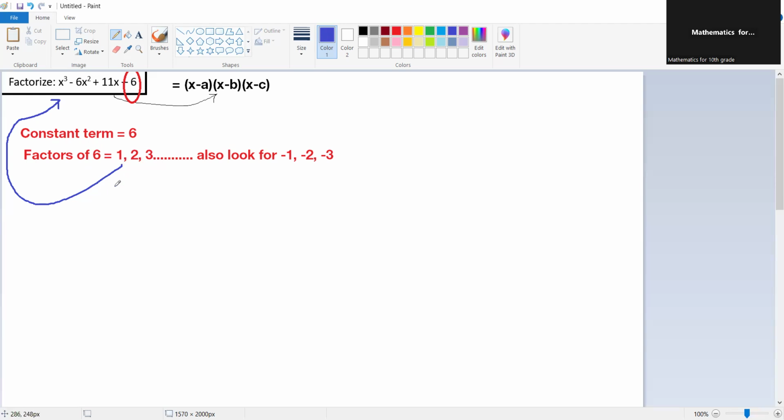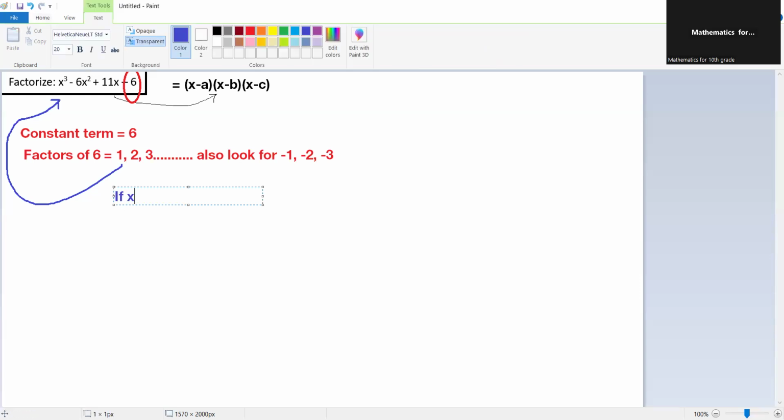So if we substitute x equal to 1, then f of 1, which means f of x when x is equal to 1, is 1 cube, which is 1, minus 6 into 1, plus 11 into 1, which is again 11, minus 6, which is equal to 0.